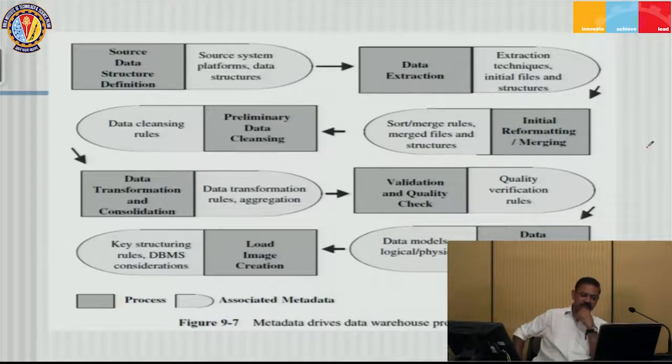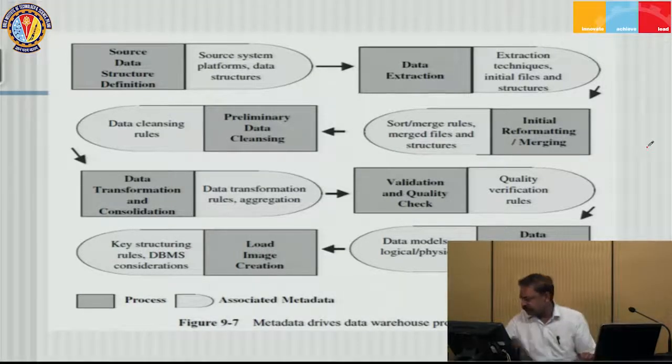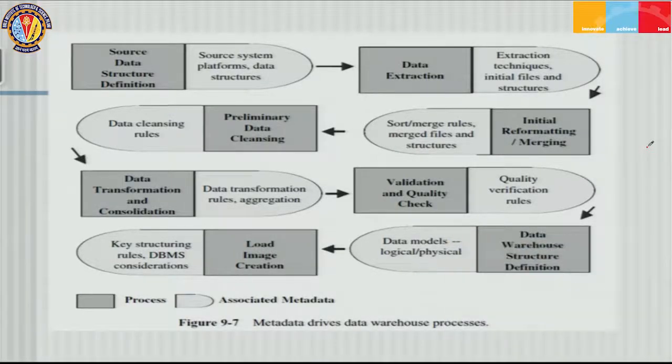And this is another way of looking at it. In the boxes that you see, the dark gray boxes are the processes, so it is process-related metadata, and the associated metadata is in the light gray capsules. This again gives you a very high-level description of the metadata.